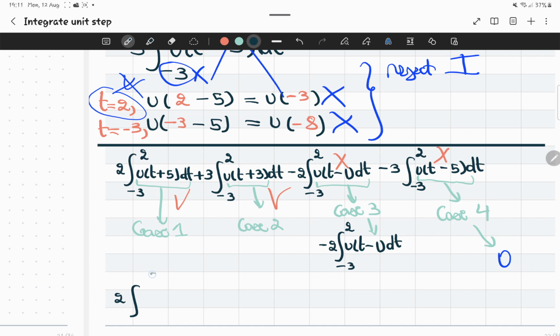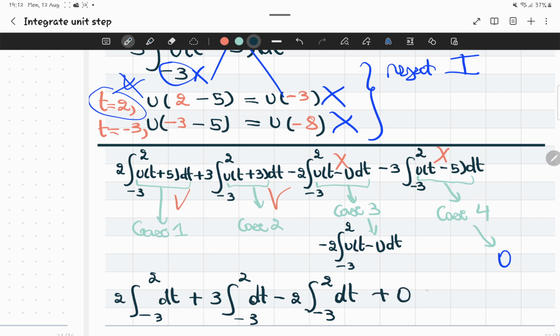For case 1, negative 3 t plus 3 minus 3 dt, then negative 2 for case 3, then plus 0 here.